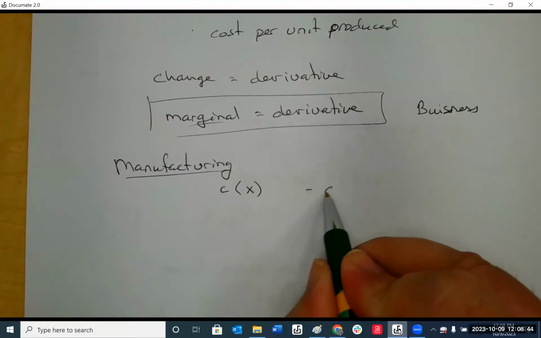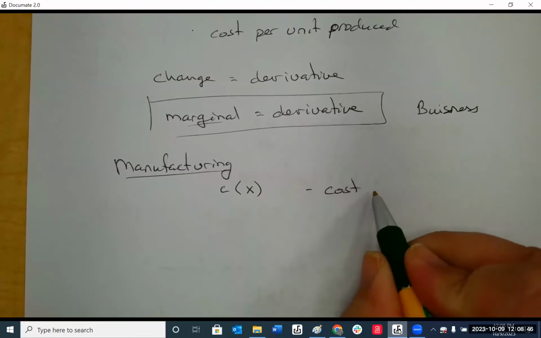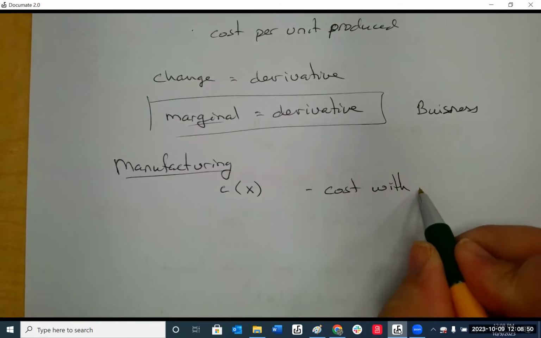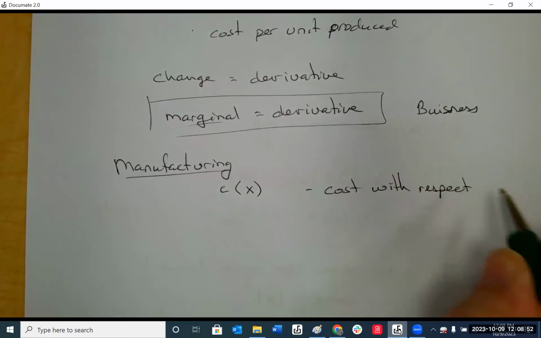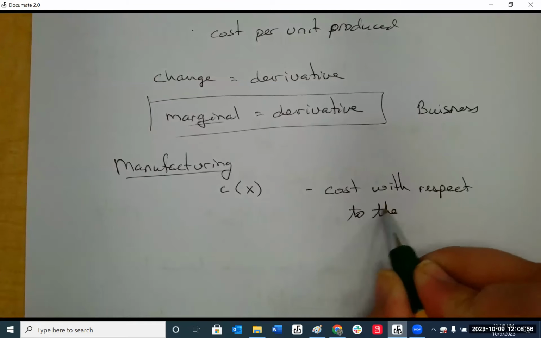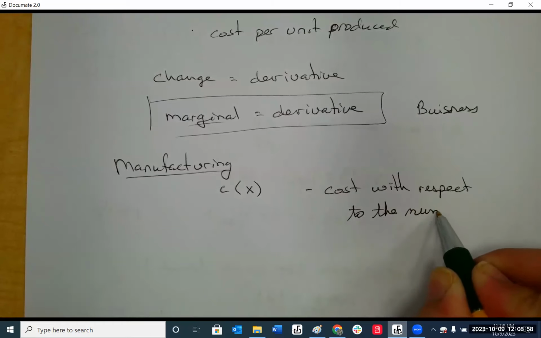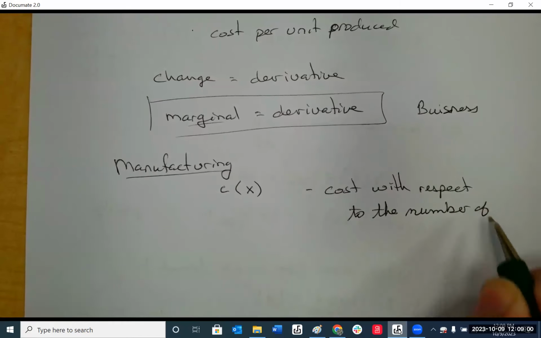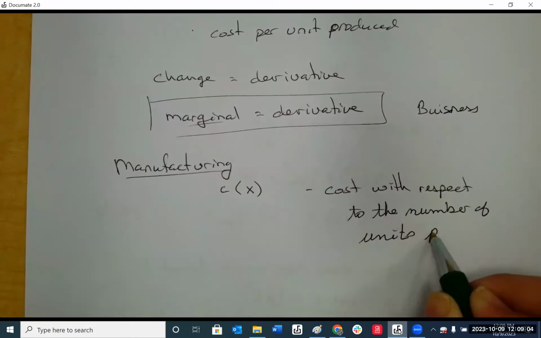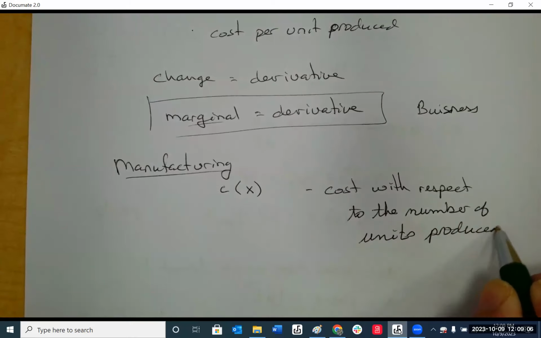This function is the cost function: cost with respect to the number of units produced.